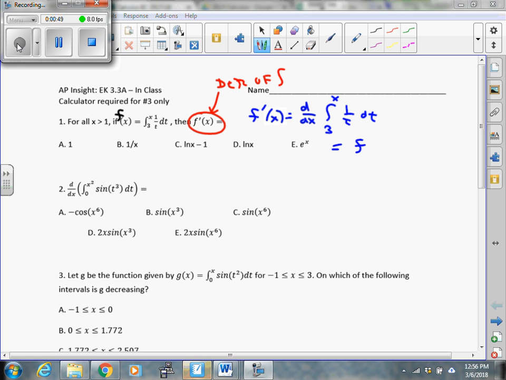So plug in your u times its derivative, minus plug in the second u. But as we know, you're going to get times 0, so it's gone. Answer is just 1 over x.